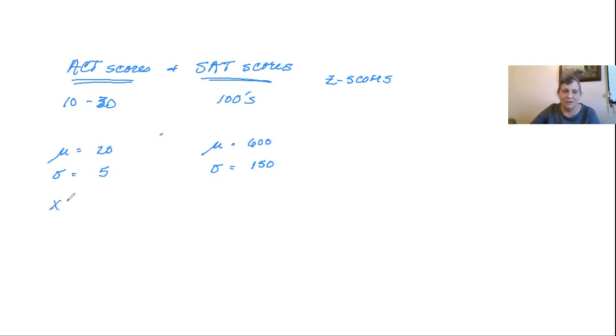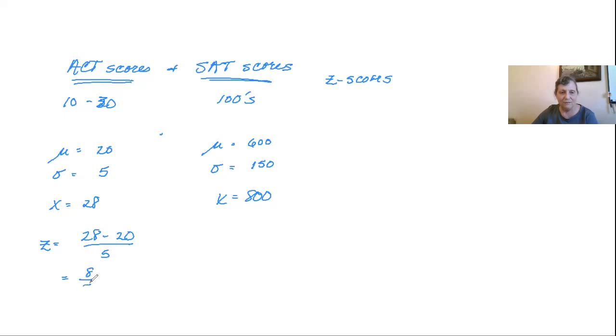So how would a test score of 28 on the ACT compare to a test score of 800 on the SAT? And remember, don't hold me to these. I'm just throwing out some numbers vaguely from what I remember. Okay, so your Z-score here is going to be, you start with your value, you subtract the mean and divide by the standard deviation.